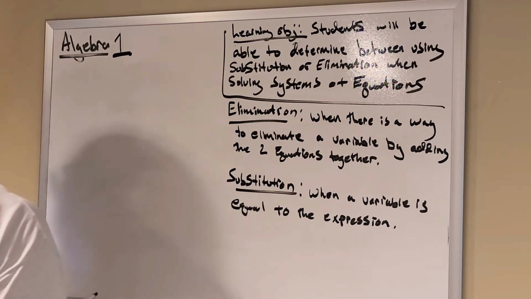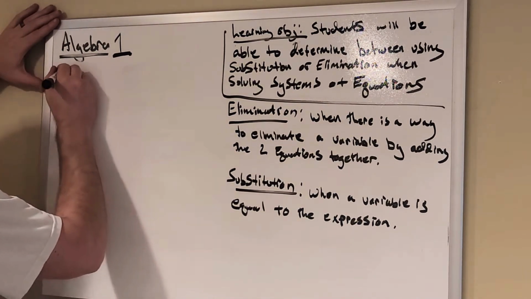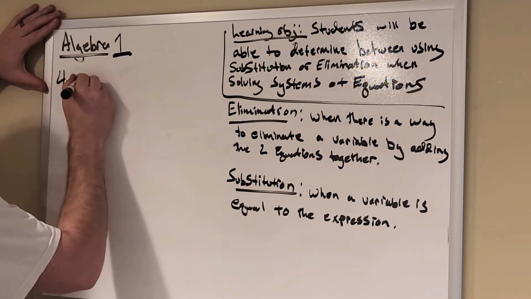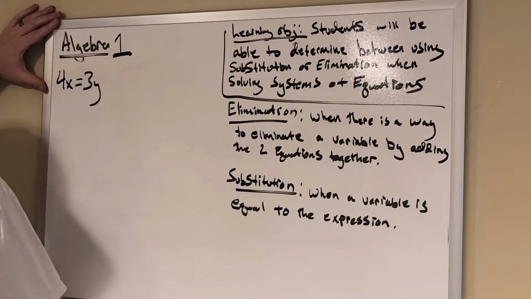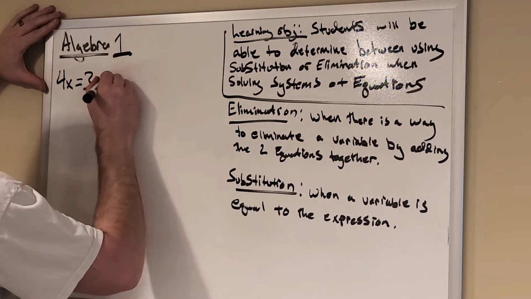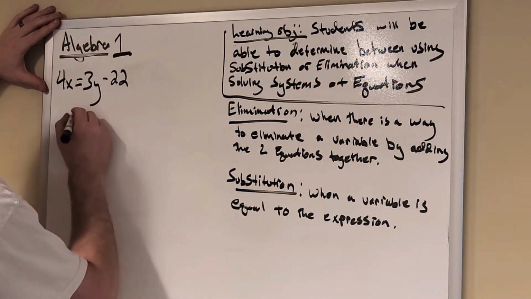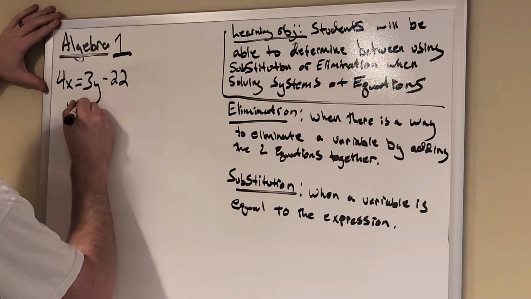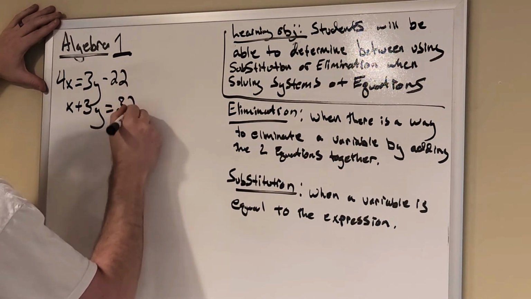Okay, so we have 4x equals 3y minus 22. And then my second equation is x plus 3y equals 32.